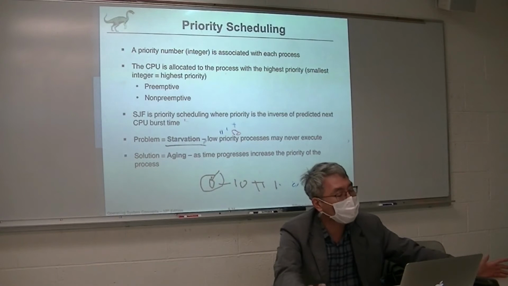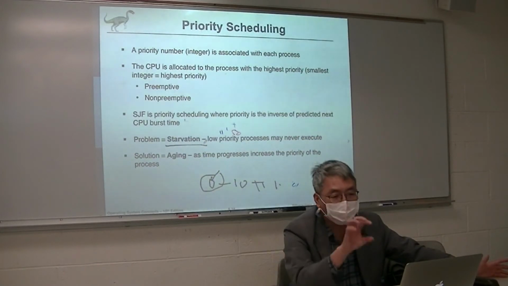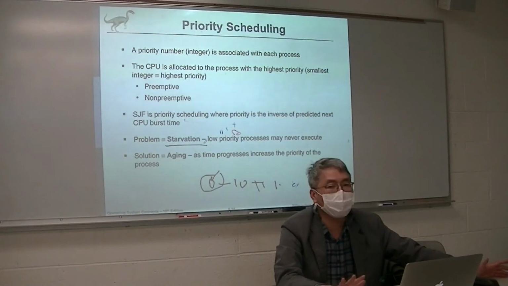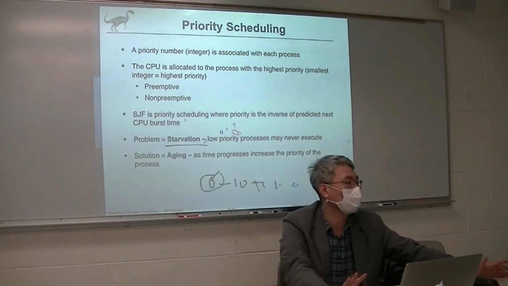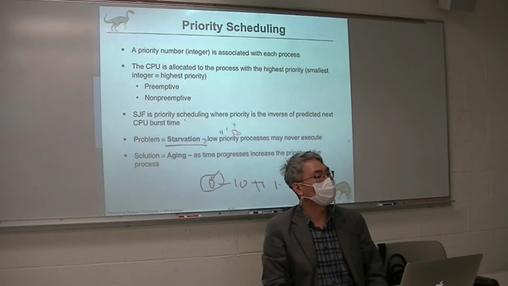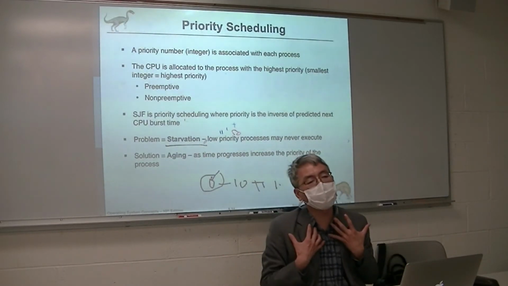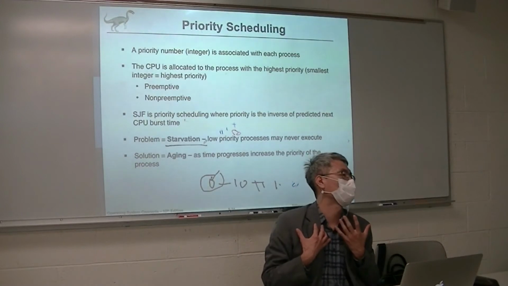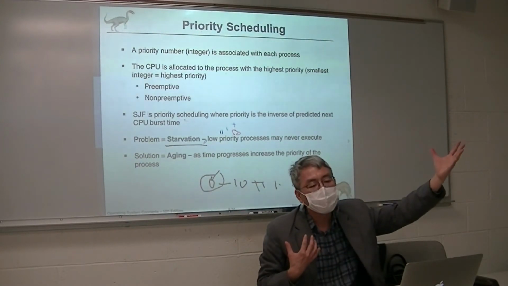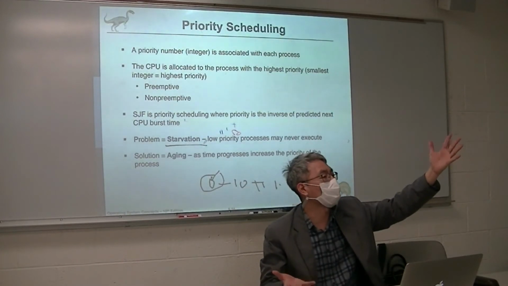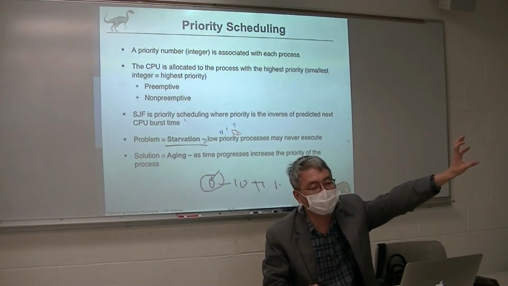Starvation. What is starvation? If a process has a lower priority, it may not get the chance to be executed. The same thing: I have a bunch of books, and I have a priority based on my preference. I like sci-fi, but the lower priority is romance. So I never read romance if I have a sci-fi book.